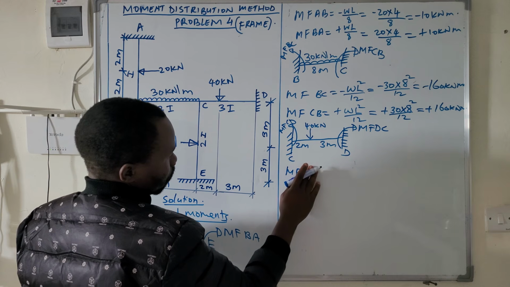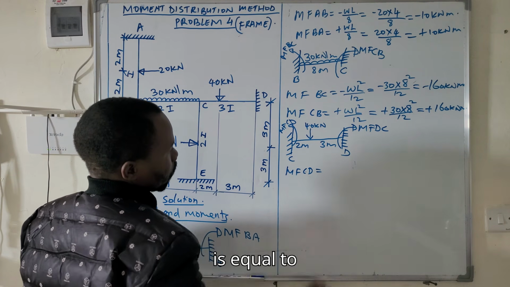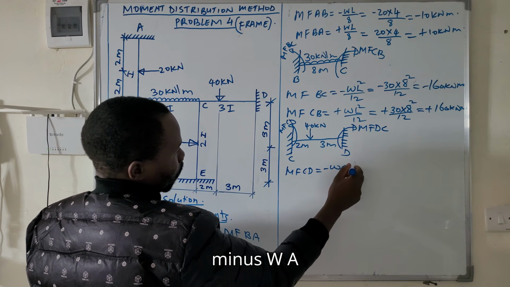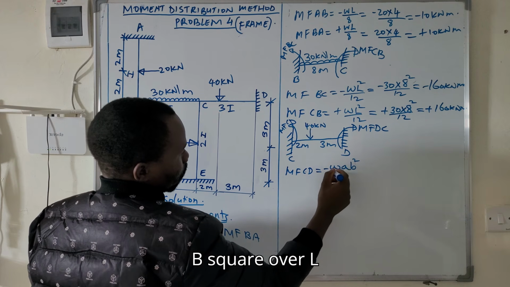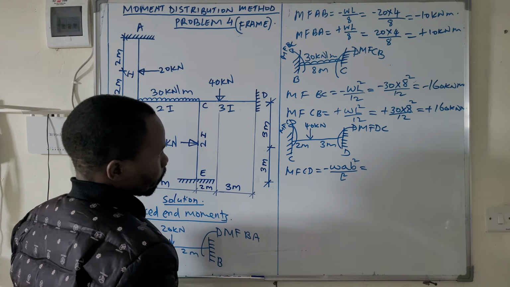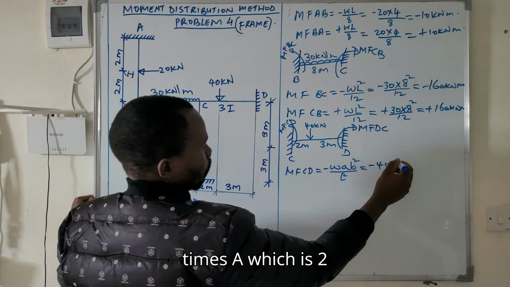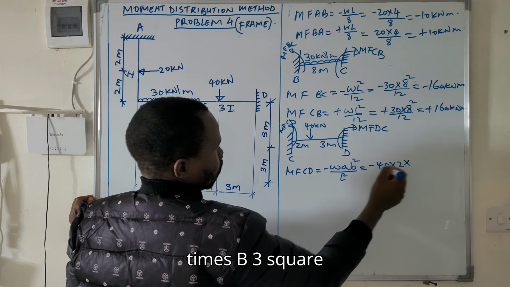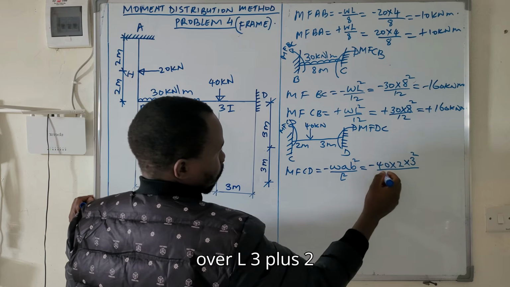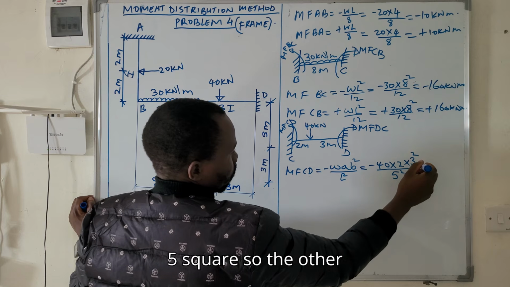MFCD is equal to minus W A B square over L square. So this one will be minus 40 times A, which is 2, times B, 3 square, over L, 3 plus 2, 5 square.